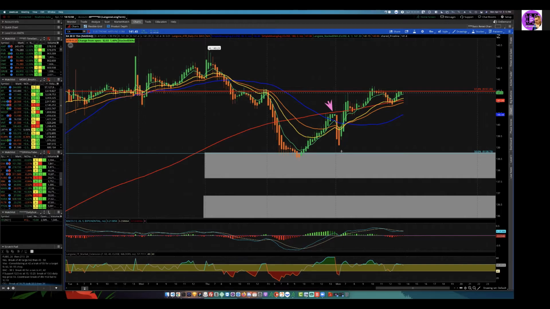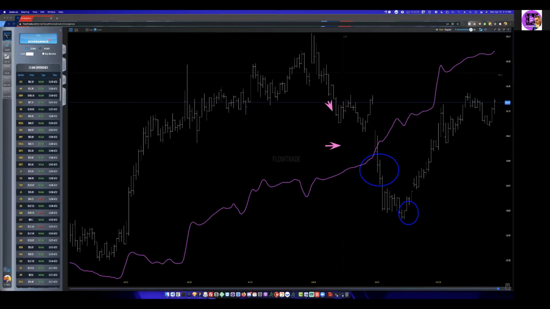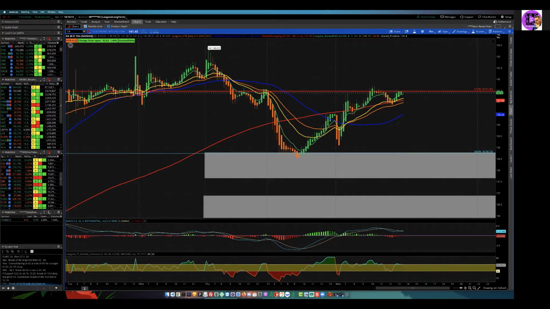However, we found a base here. We pushed our way up with the algo leading the way, right? Came up. We did the 50% to 61.8% range, right? Resistance.